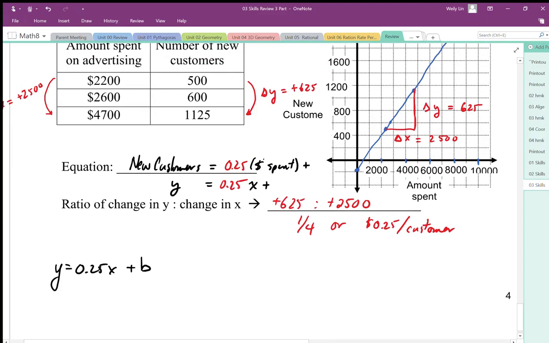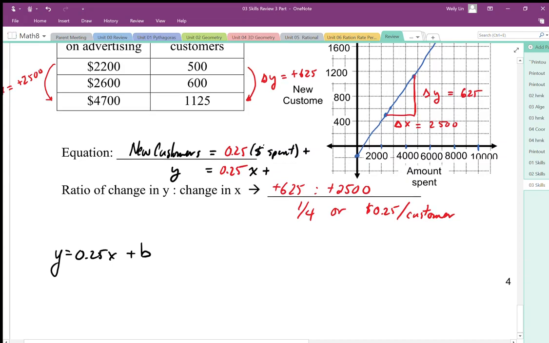A truth in math is that any xy pair in the table should fit into the equation. So when I do this, I'm going to end up with the number of customers, 500, is equal to 0.25 times 2200 plus b, and b represents where we start from.